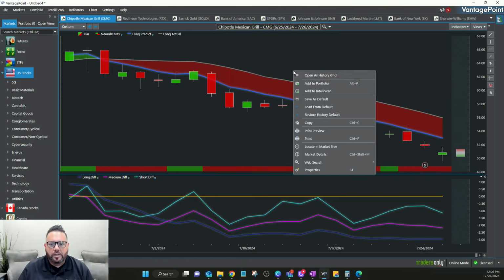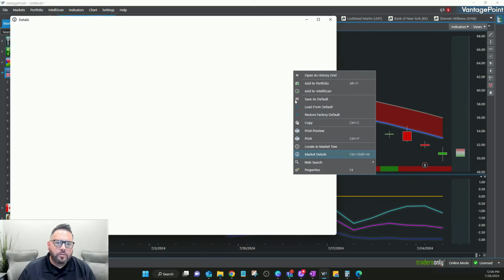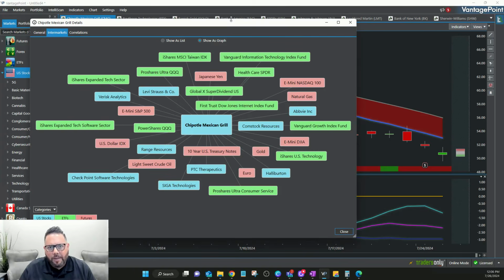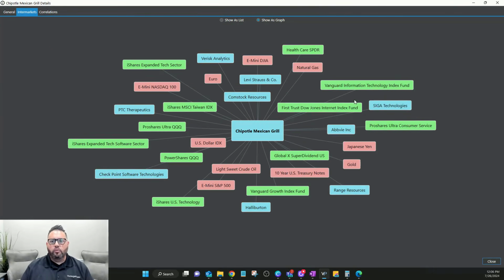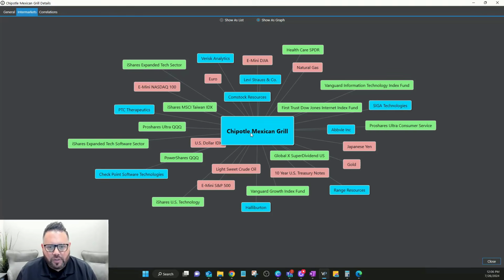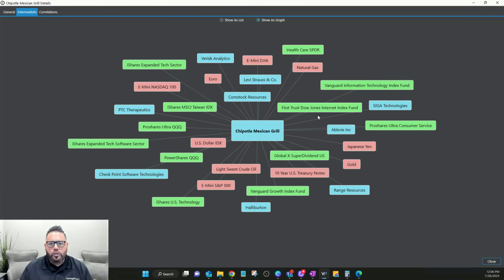First of all, take a look at this. I am going into the market details and I'm popping the hood on the artificial intelligence. What you should see on your screen right now is the screen that has Chipotle Mexican Grill in the center, and then you should be able to see several other markets around it. What I'm showing you here is what the artificial intelligence is doing.